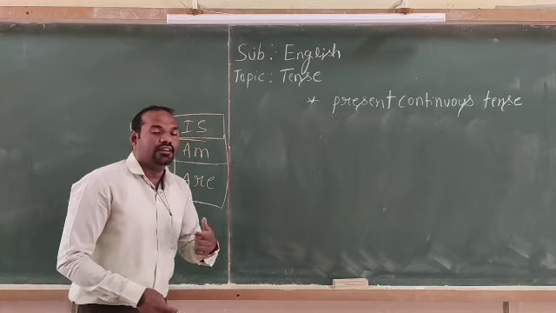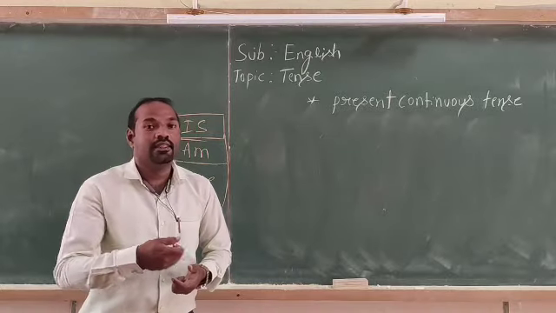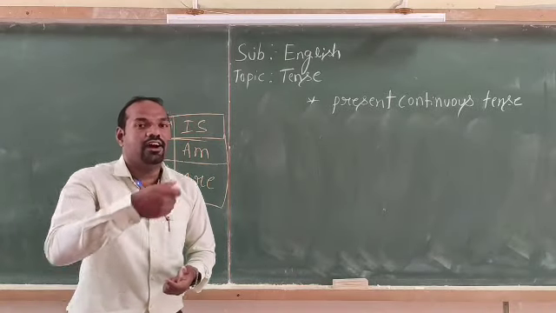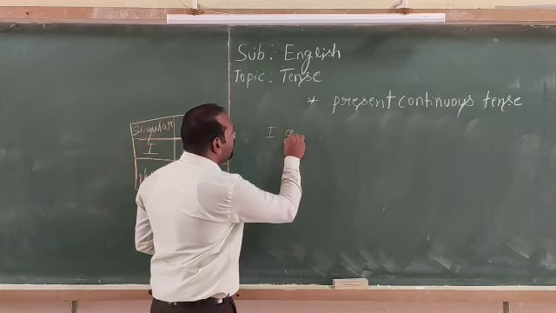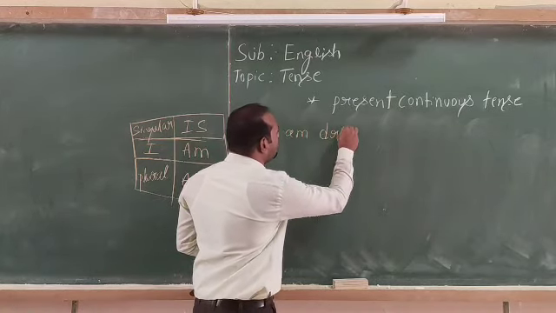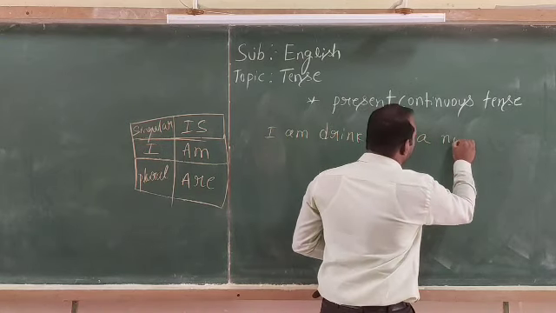Let's look into the sentence structure: how to write the affirmative sentence, how to write a negative sentence, and how to make an interrogative sentence. I am drinking tea now.